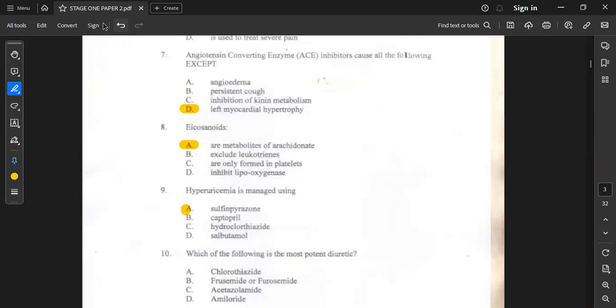Then you could use interleukin-1 inhibitors, an example would be anakinra or canakinumab. A combination therapy can also work if multiple joints are affected in gout, so you could use colchicine plus an NSAID or an oral corticosteroid.